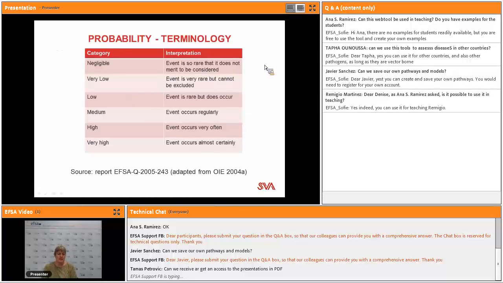So, probability terminology. For this, we use a 6-category scale from negligible to very high. And we always try to also give the interpretation when we use these terms, so it will be easier for the manager to understand what we mean with these different terms.